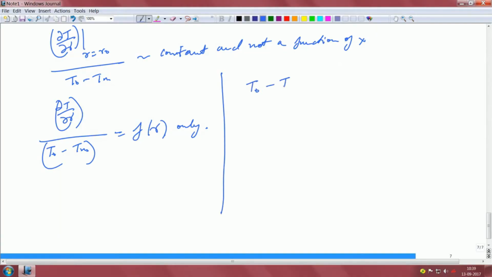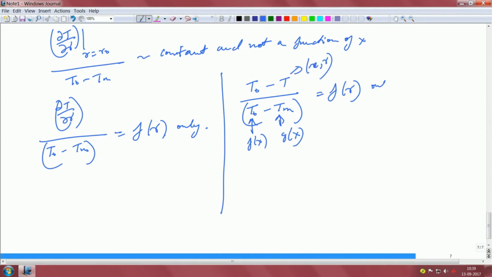The temperature profile will be (T naught minus T) divided by (T naught minus T mean). This is a function of r only, whereas individually these are functions of x. T is a function of both x comma r, and T naught can also be a function of x, got it.